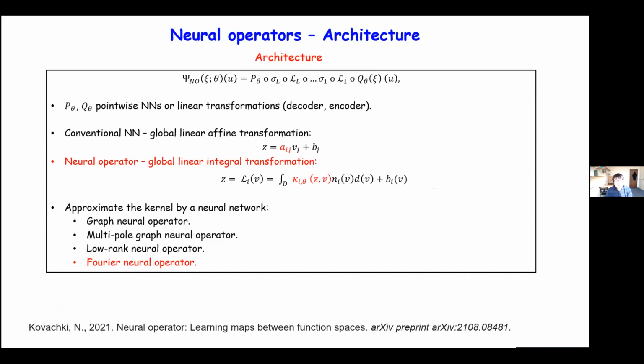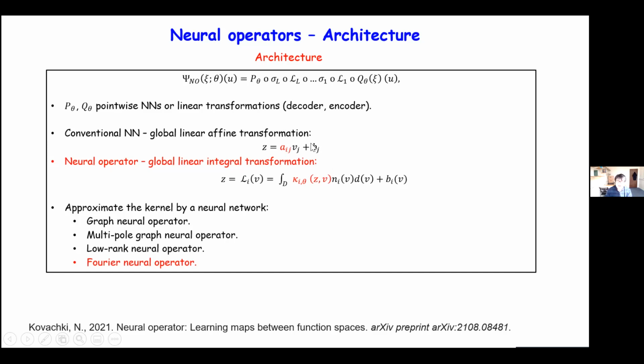The key idea here is that we observe that in a conventional neural network, we first pass our input to a global linear affine transformation. Suppose the temporal output of layer Z after the global linear affine transformation is basically Aij Vj plus Bj.